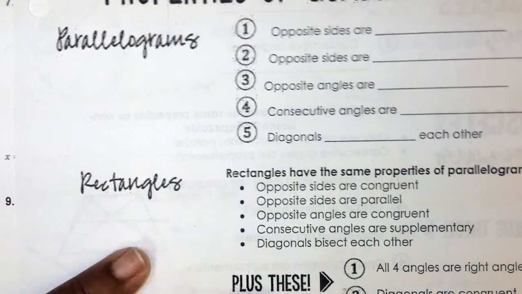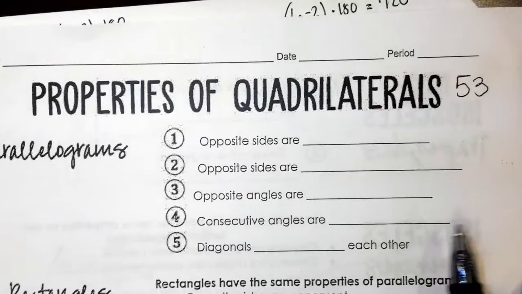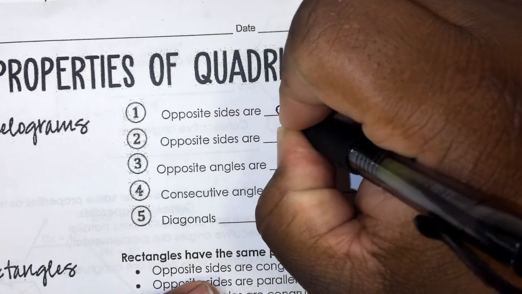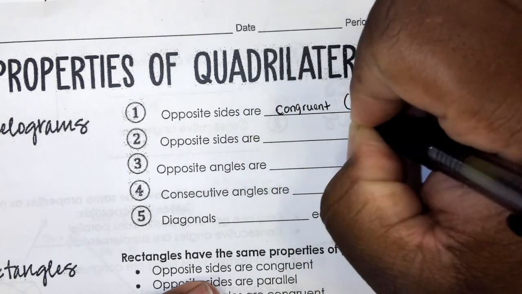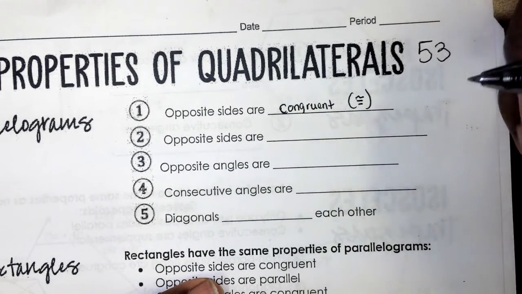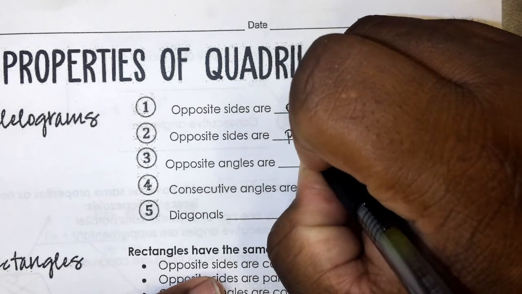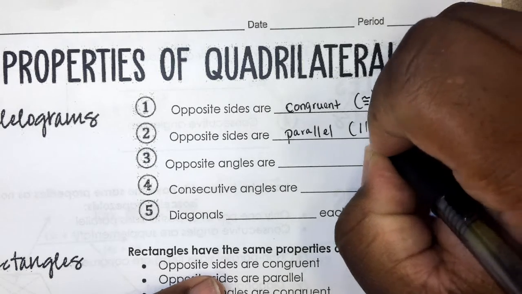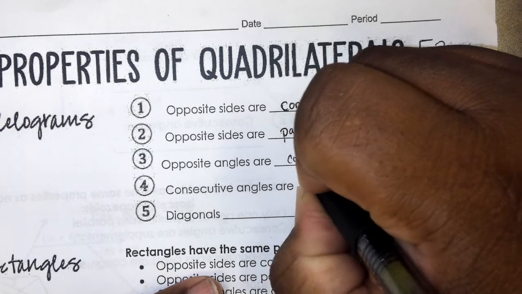Alright, so let's start out with the parallelogram itself. Properties of a parallelogram. Opposite sides are congruent. And I'm going to put the symbol at the end too. Opposite sides are parallel, hence parallelogram. Opposite angles are congruent.